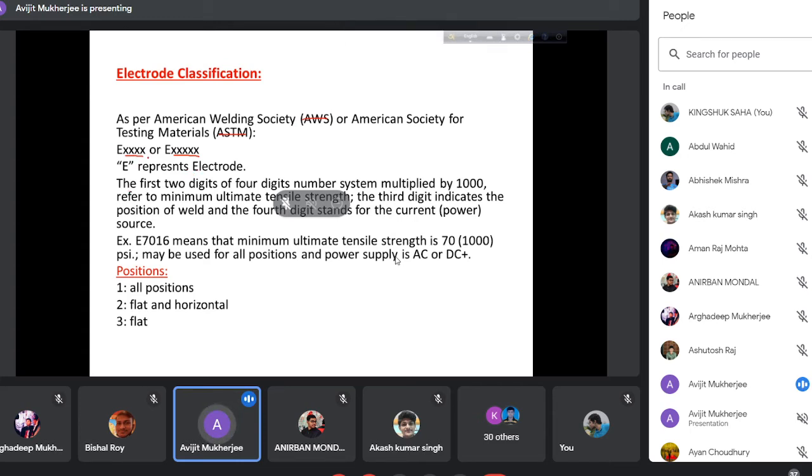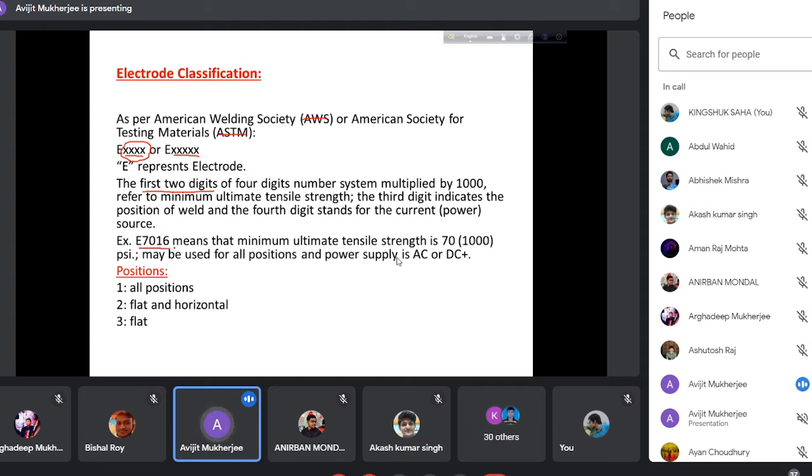And in a 4 digit system, the first 2 digits multiplied by 1000 refers to that much minimum ultimate tensile strength. One example, if I write E7016, what is the meaning?